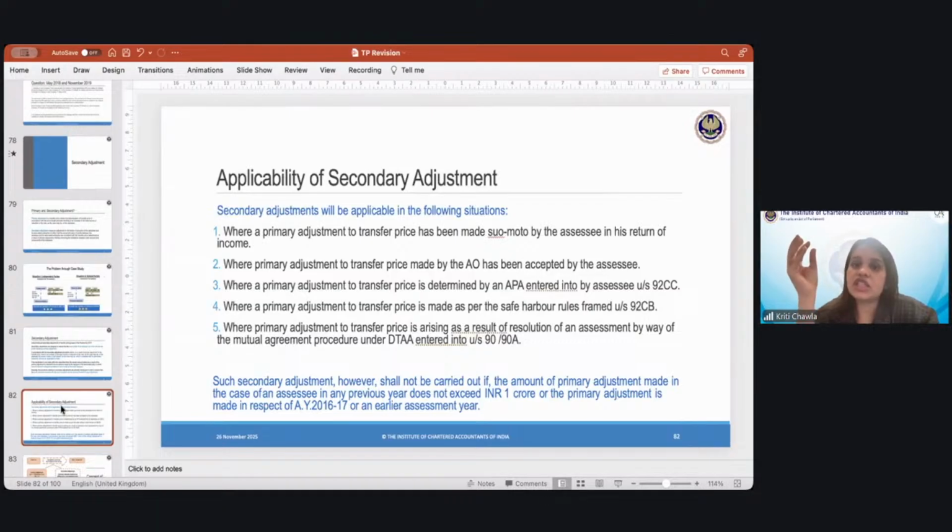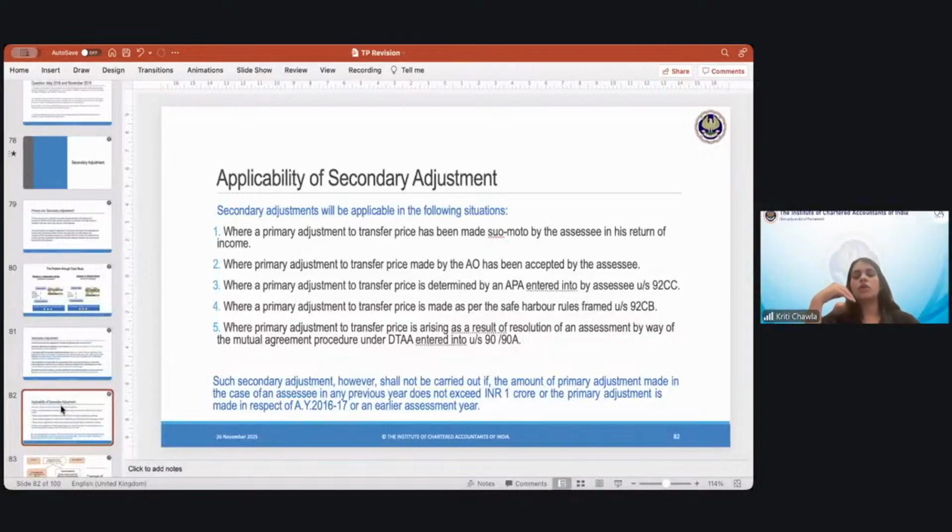Now, this primary adjustment can be made suo motu by the assessee in its return of income, or it is made by the transfer pricing officer, or by virtue of an APA, or because of safe harbor rules, or because of MAP. So as long as there is a primary adjustment, it is followed by something called a secondary adjustment. And because this concept came in after AY 2016-17, it's going to be applicable after that.